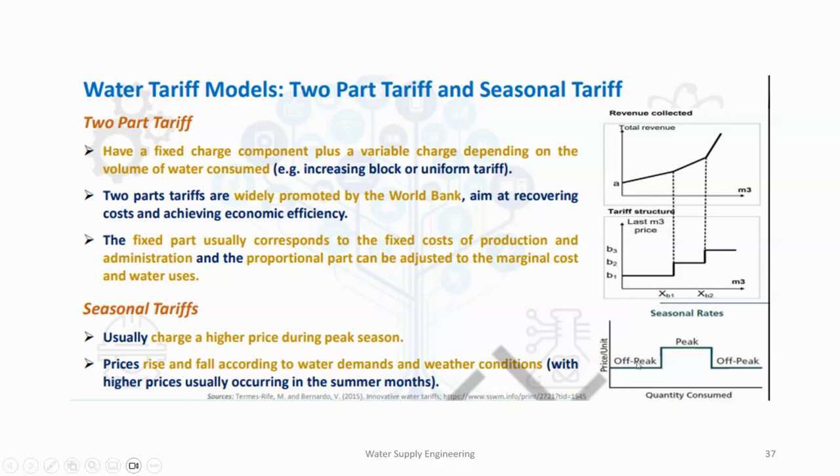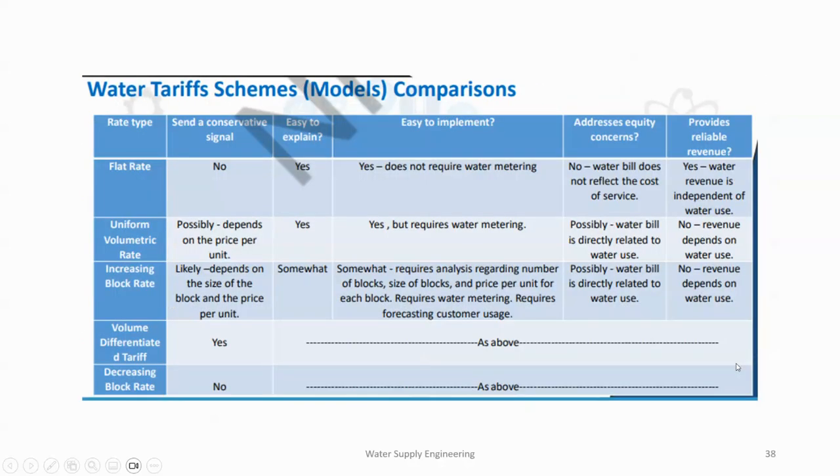So that's what is shown in this particular graph. During the peak consumption months, it will be higher rather than on the off peak. So altogether we had flat rate method, uniform volumetric method, increasing block rate and decreasing block rates, volume differentiated tariff, etc. So within this uniform volumetric rate we had two-part tariff and seasonal tariff.